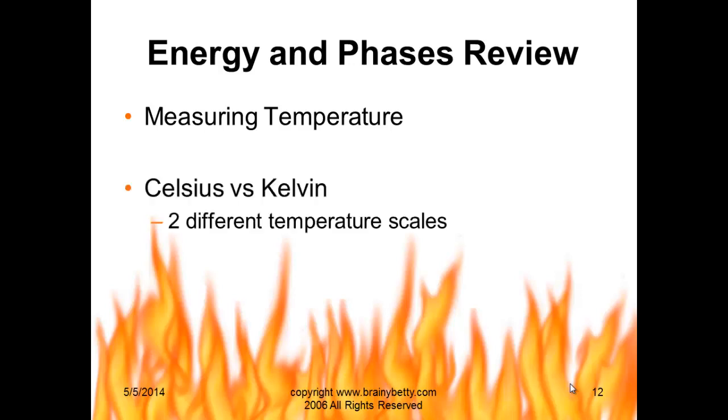We have two different temperature scales because of the way they can reflect what's actually happening to those molecules. The Kelvin scale is a more direct reflection of kinetic energy. 0 on the Kelvin scale means 0 motion of the molecules.